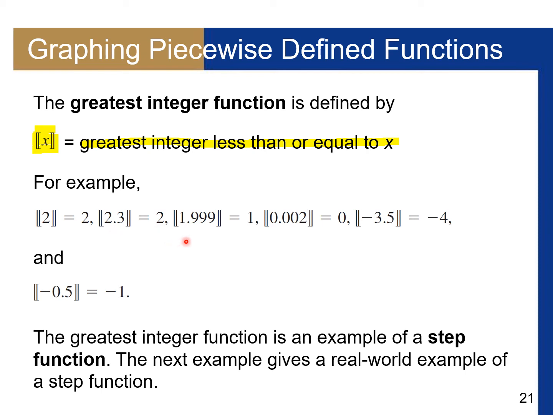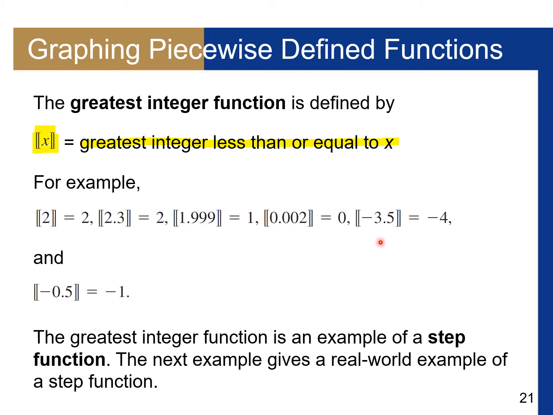Let's look at the next one. What is the greatest integer smaller than this number? Well, the biggest integer smaller than this number is 1. What is the greatest integer smaller than this number, 0.002? The greatest integer smaller than 0.002 is 0.